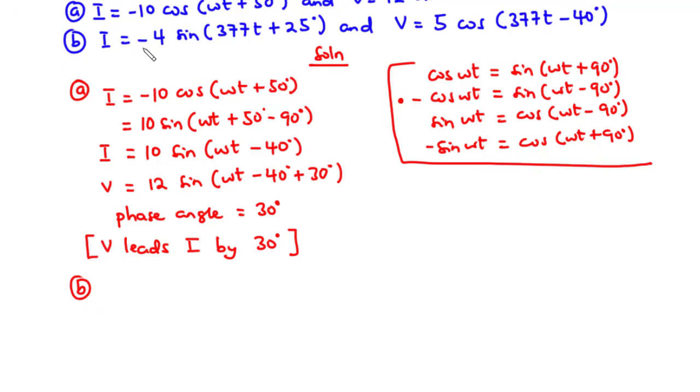Now negative amplitude for a sine wave corresponds to the fourth one. So we have I, which is equal to negative 4 sine 377t plus 25 degrees, to be, so the negative amplitude changes to positive. So we have 4. The form changes. We have cos omega t.